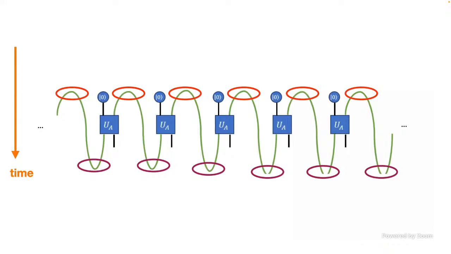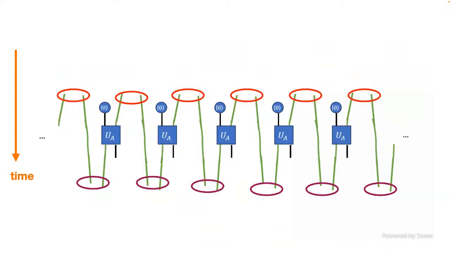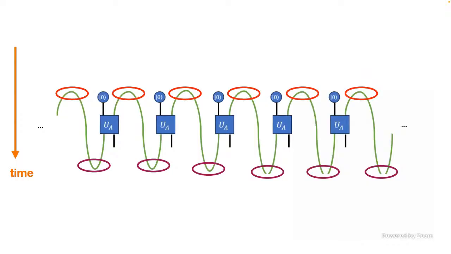Right? Except there's a problem. This is not how time works. If I have time going this way, it better be that there are wires up top that go to wires down below. I don't get to have wires that do this squiggly thing, going forward and back. So what I need to do is take my tensor network, which I've tried to promote to some unitary circuit. In fact, I've promoted a bunch of things to unitaries.